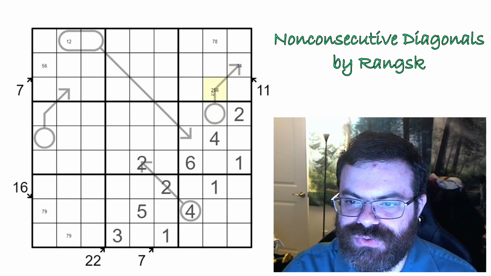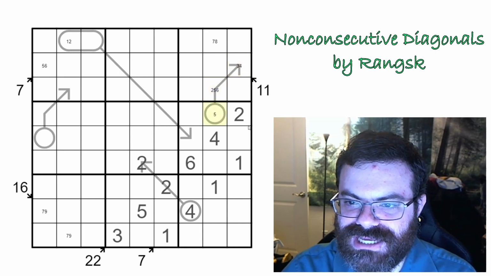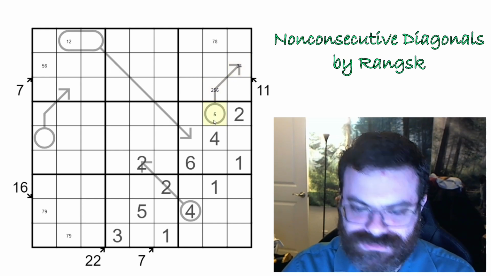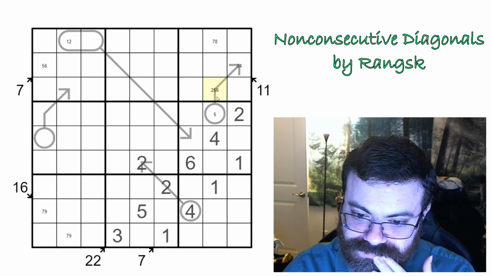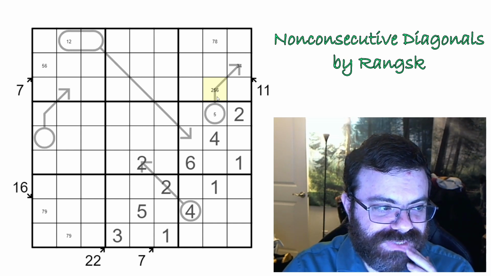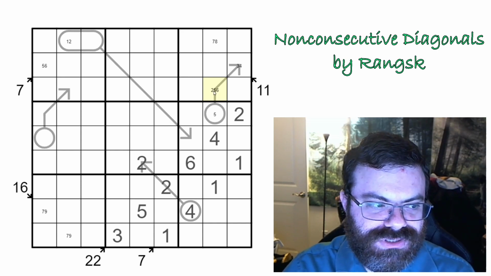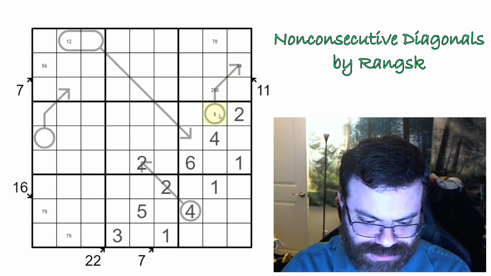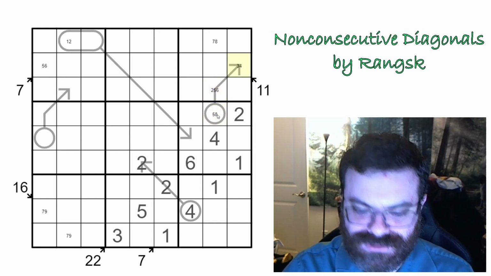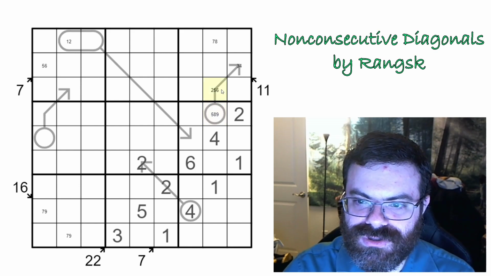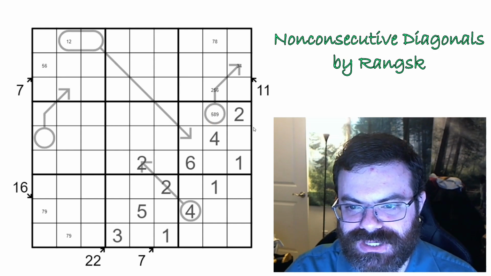What about 2? 2 plus 3 would make 5. 2 plus 4 would make 6, and 6 can't go in the box, so we can't be 2, 4. The 5 could be with the 3 to make 8, or with the 4 to make 9. Or the 6 could be with 3 to make 9. The 6 can't go with 4 because that would make 10.